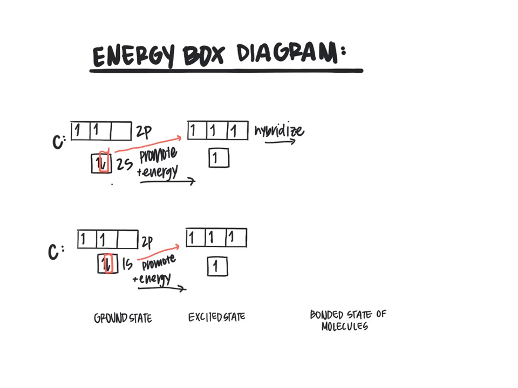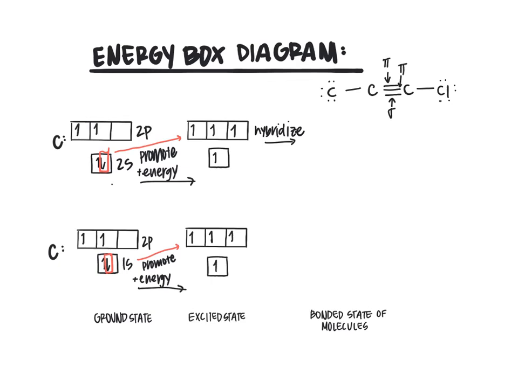But first, let's go back to our VSEPR diagram. So we have the 3 bonds, the triple bond between the carbons. One of these bonds is going to be a sigma bond, leaving the other two bonds, this one and the one under, to be pi bonds.